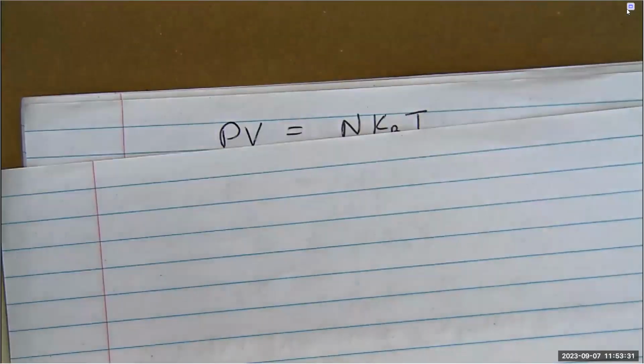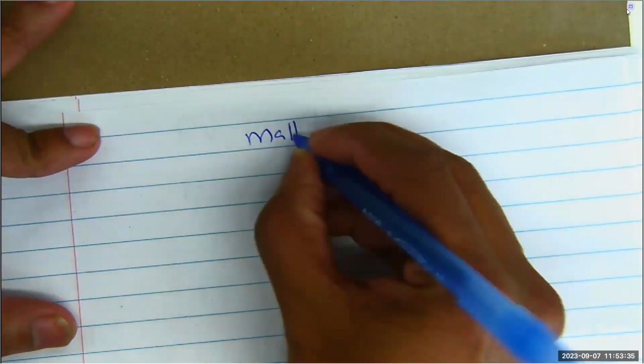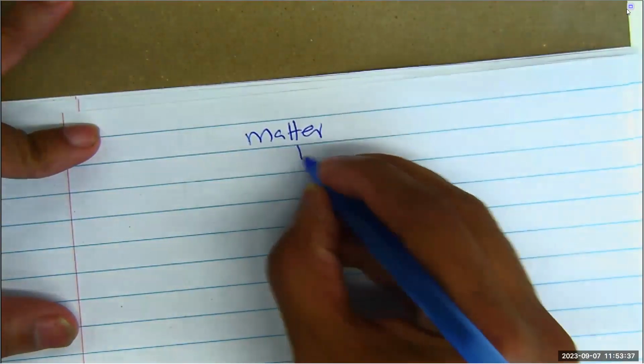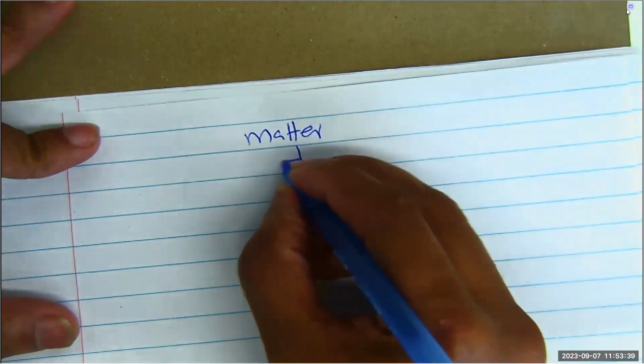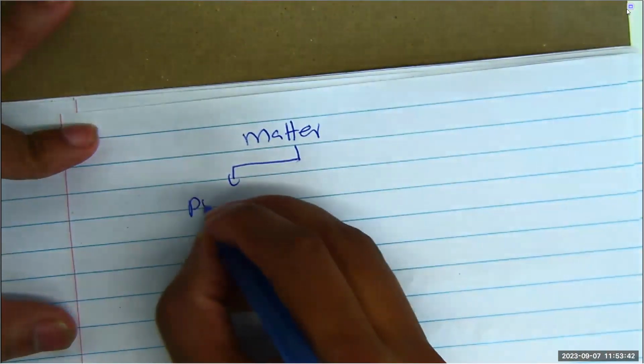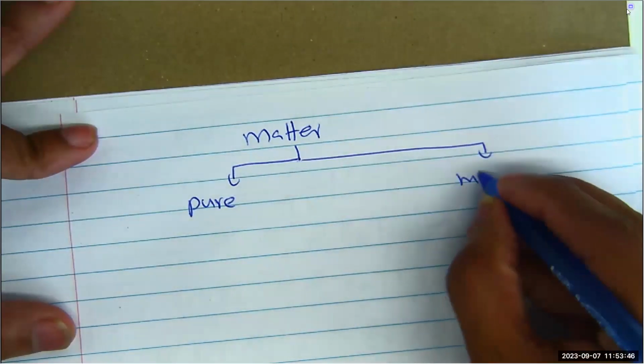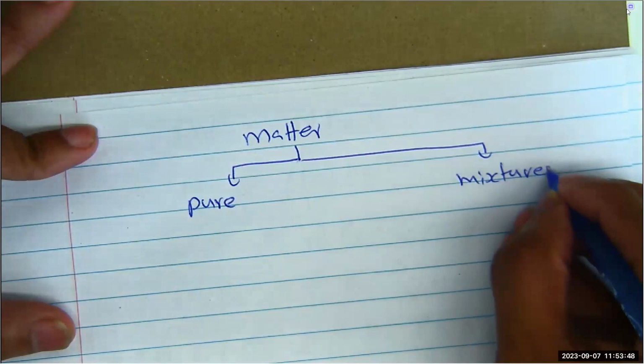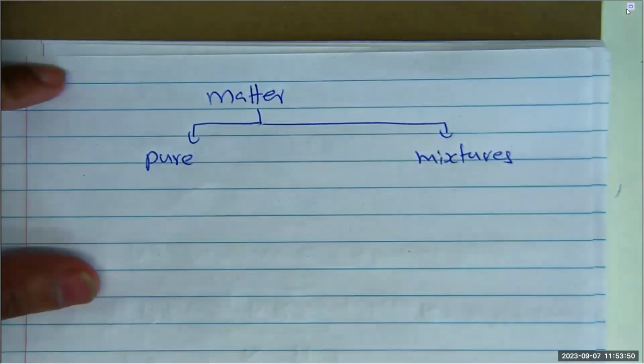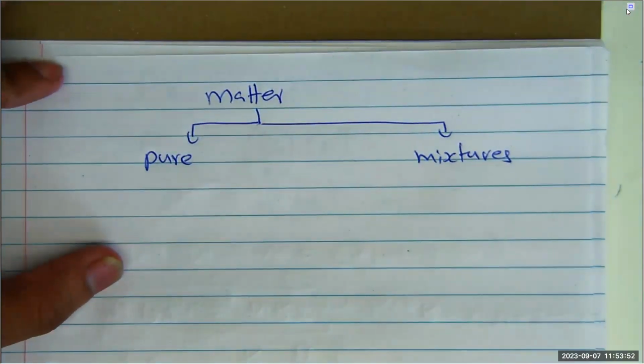Okay, so when it comes to matter, it can be pure substances, or it can be mixtures. The mixtures can be homogeneous or inhomogeneous, based on the composition from place to place.